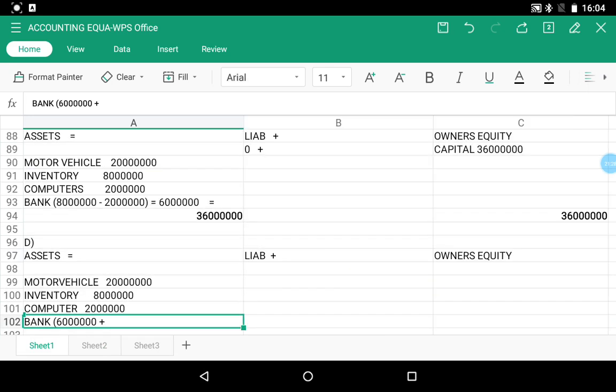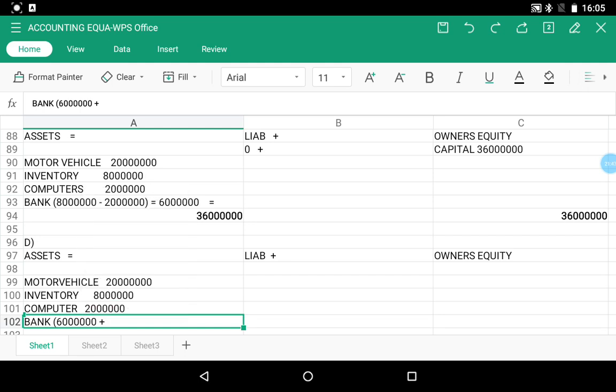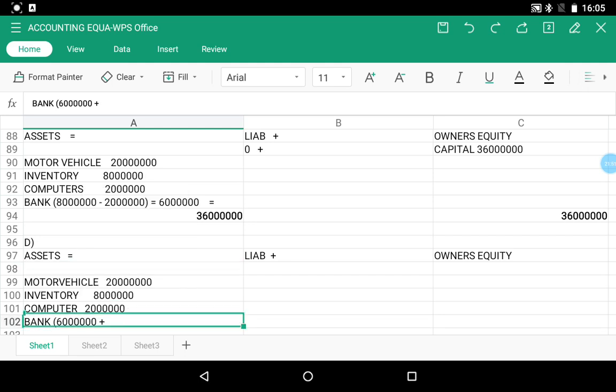So here we are going to add 25 million for bank, because they have said it was deposited on bank account.